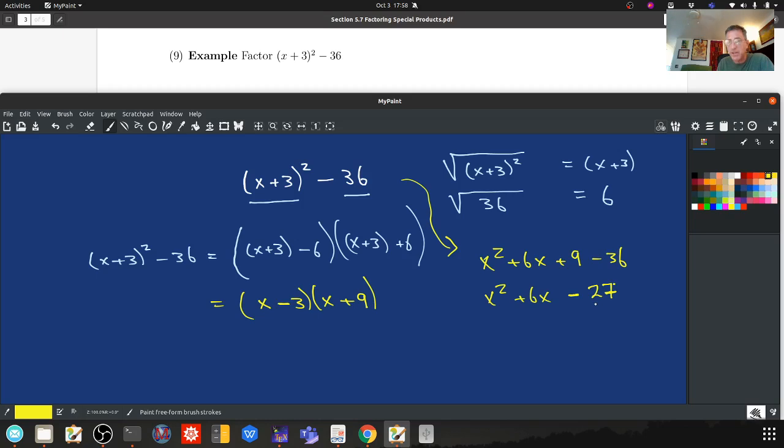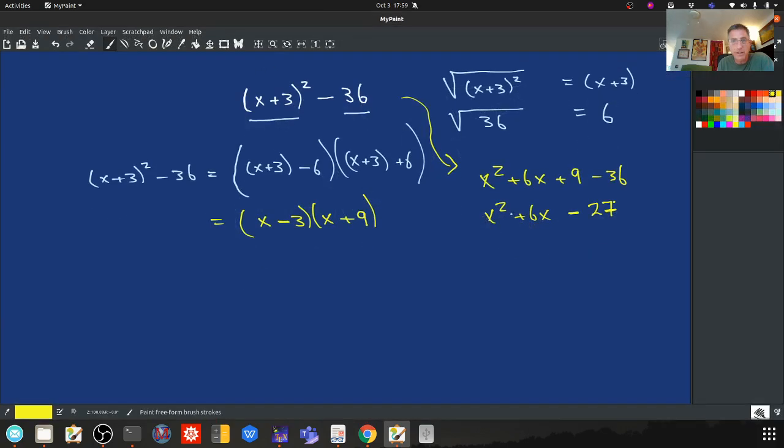Yeah, 27. So you can factor that. Let's go ahead and factor that using the other way. See how much longer it's going to take? But let's do it, because we've already started down that road.